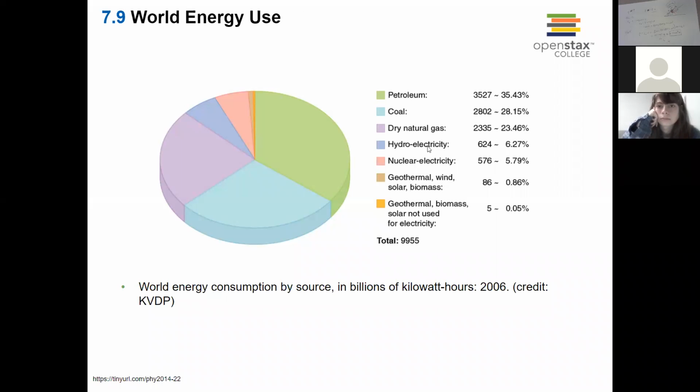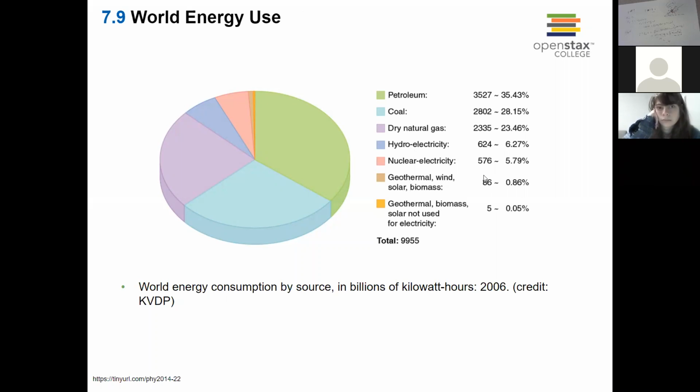Now the rest are renewable energy: hydroelectricity, nuclear electricity, and also geothermal, wind, solar, etc. Those are small fractions there. We call this green energy because they don't have carbon emission at all. So they are less than 50%.